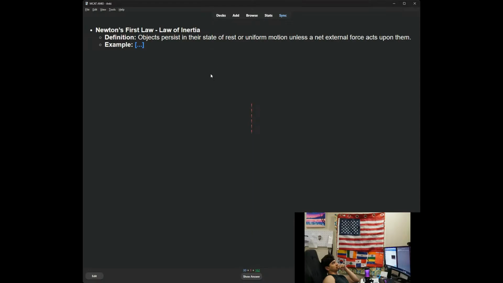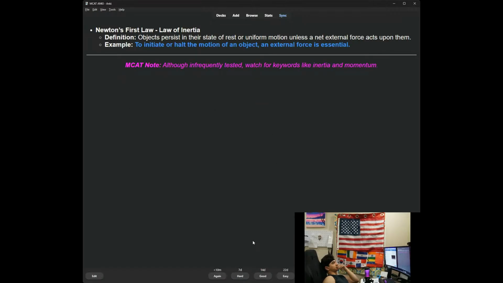So we have gravitational force, force of friction, and a couple other things. We will need an external unbalanced force in order to move it, and the force would be greater than the balanced force in order to actually move the object. Inertia and momentum. Yes, sir.